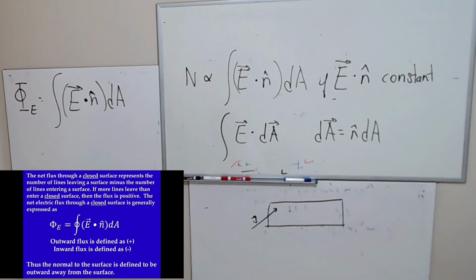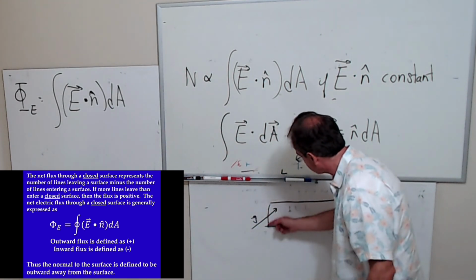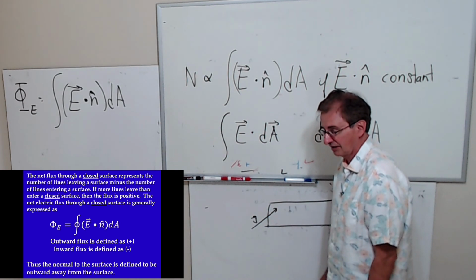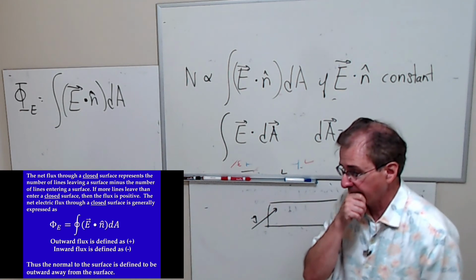It doesn't play a role. Only the component perpendicular to the surface plays a role. Same thing with water flowing through the pipe, right? The component of v parallel to this pipe is not going to allow the water to go through it. Same thing.